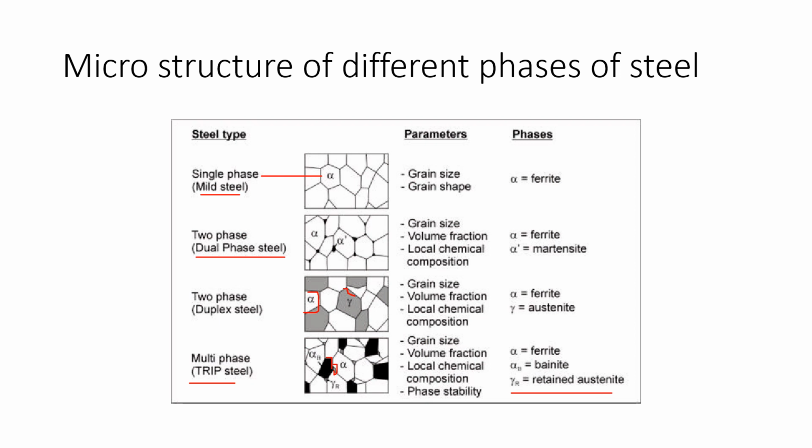Retained austenite, and alpha B is bainite, alpha is ferrite. So when more than two phases are present in the microstructure, we can call it multi-phase. So TRIP steel is the example for the multi-phase.